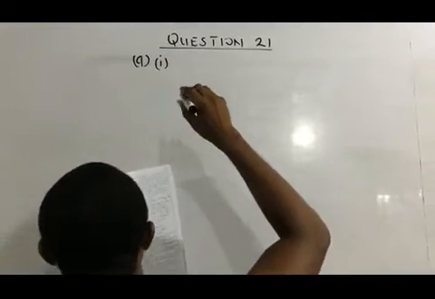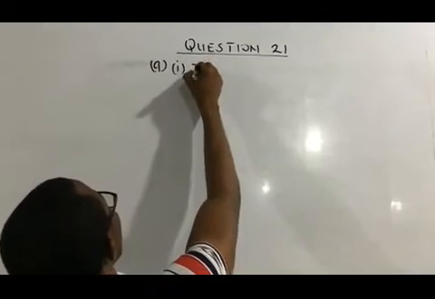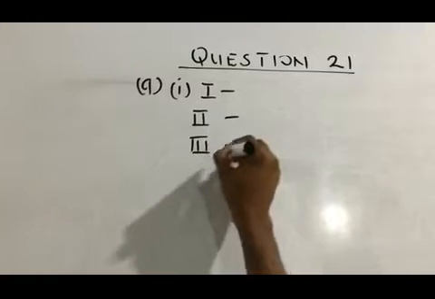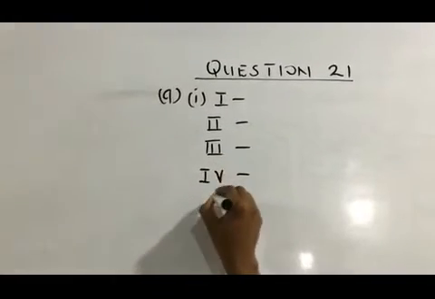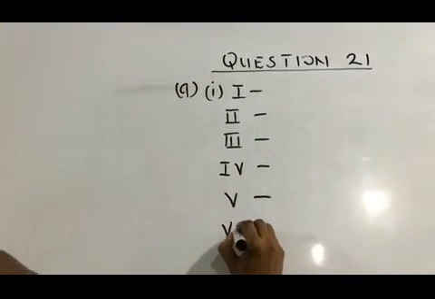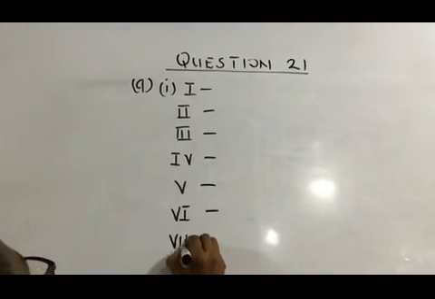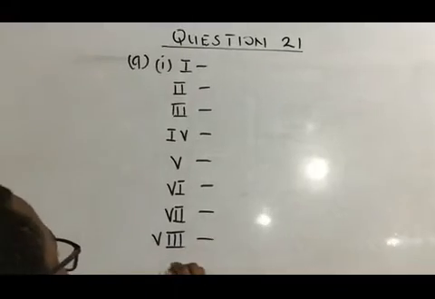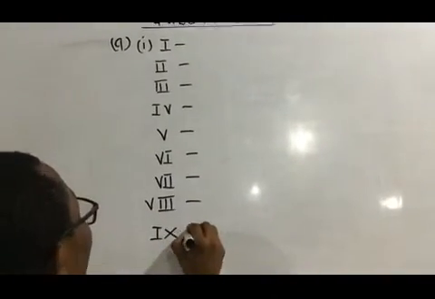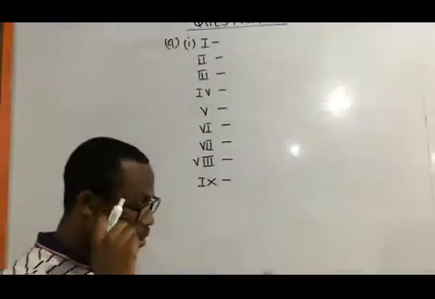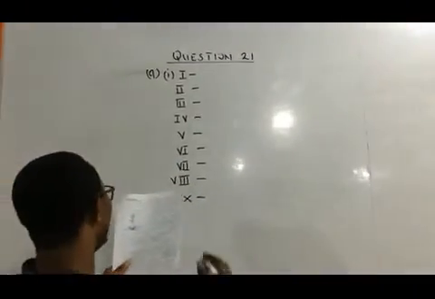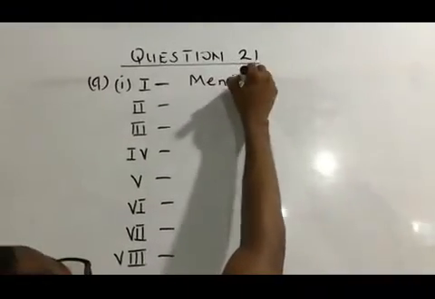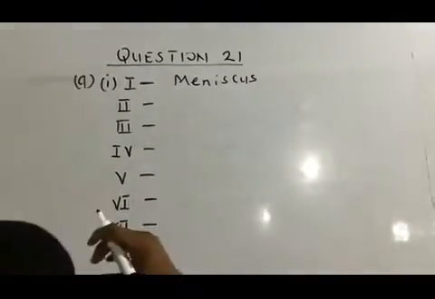We're supposed to label the parts from I to IX. The I is the curved surface, which is the meniscus.